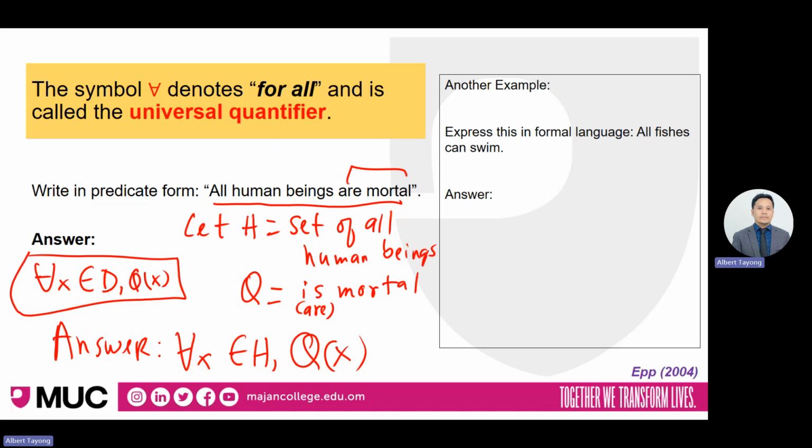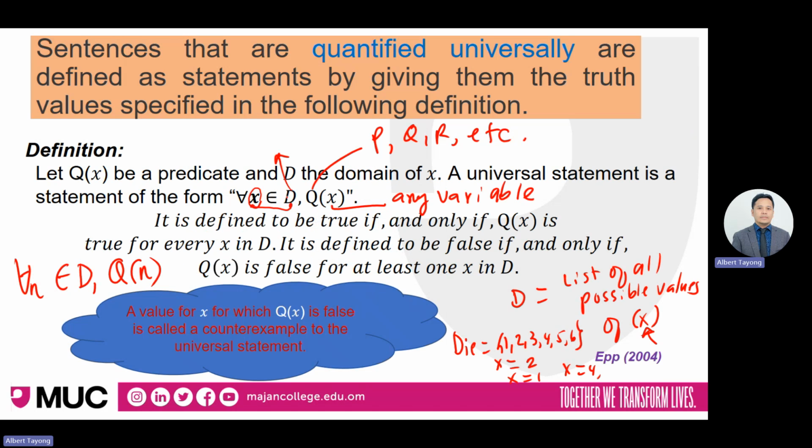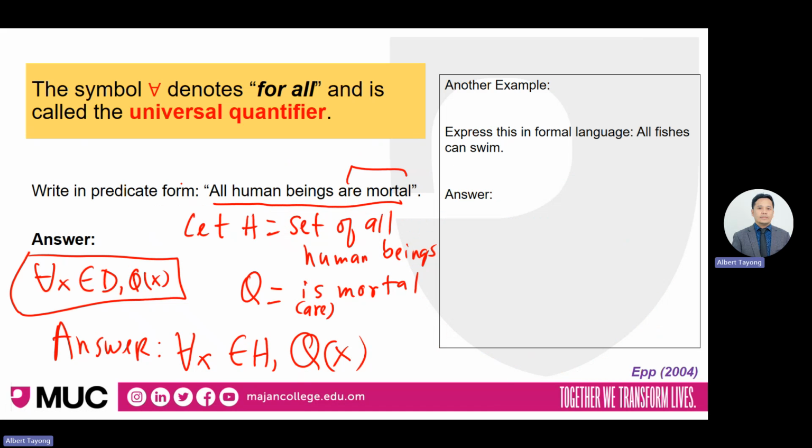This is the original form as given here: for all X in D, comma, Q of X. Okay, so you can also do this, but there's no need. You define the domain, and here you just start from X. X is Q. Okay, like this one.